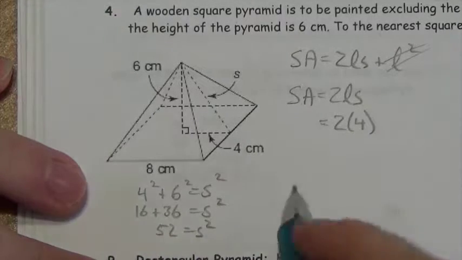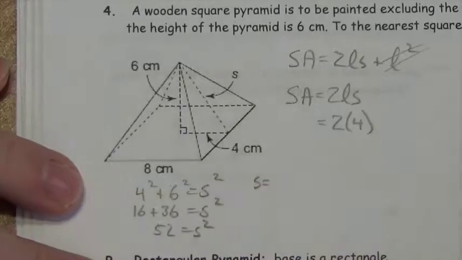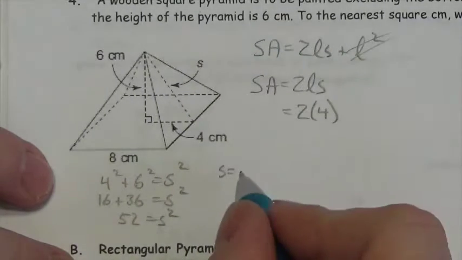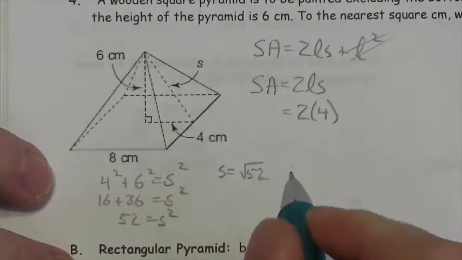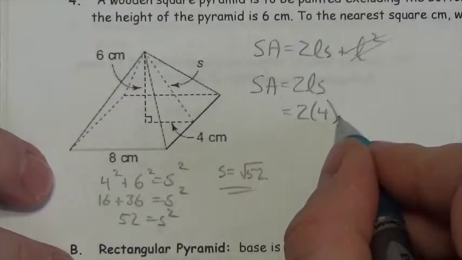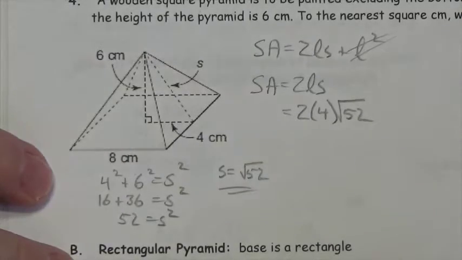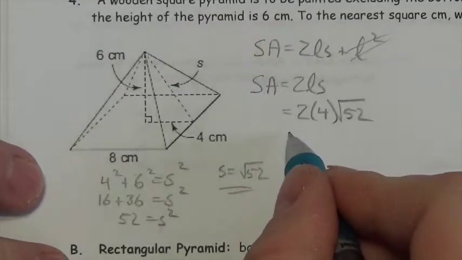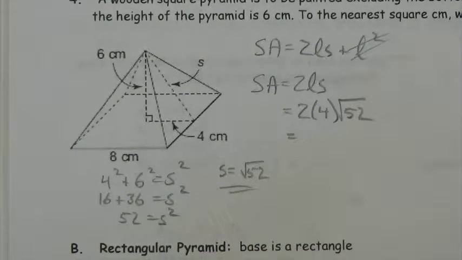S squared equals 52. So now this means that s is going to be either the positive or the negative square root of 52, but obviously this is going to be the positive root of 52 because it doesn't make sense to make this negative. So there's my slant height, so I'm going to come up here and make this root 52. And so now, on my calculator, it'll be 2 times 4, which is 8, times the square root of 52.